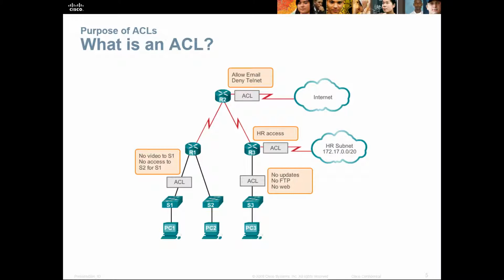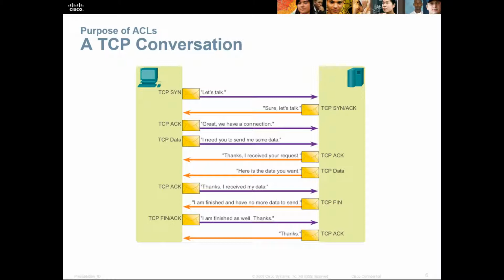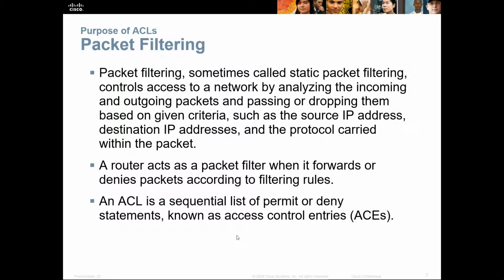So let's look at a typical TCP conversation. Normally we're going to have a "let's talk" exchange, and it'll go back and forth communicating. But with packet filtering, sometimes called static packet filtering, it will control access to networks or other network resources by analyzing the incoming and outgoing packets and allowing them to be sent or received.